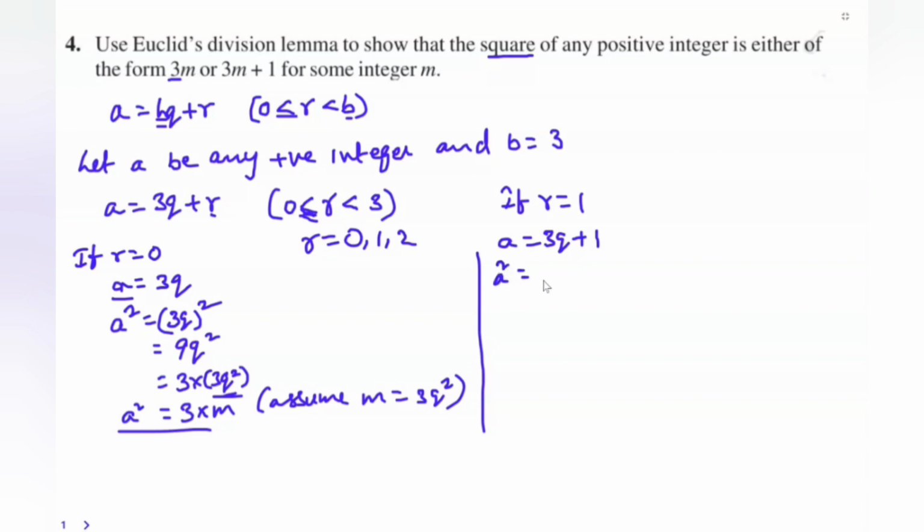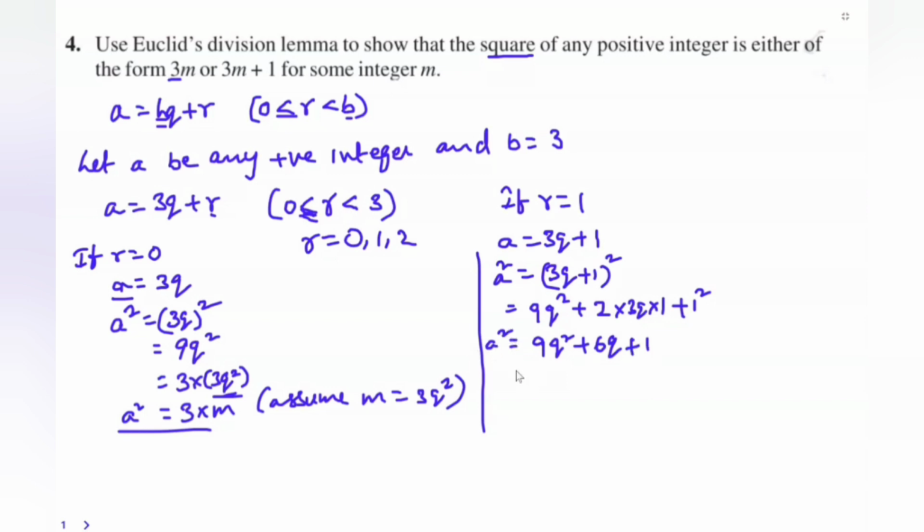So a square will be 3q plus 1 whole square, which you can write in the form of a plus b whole square, which is 3q whole square, which is 9q square, plus 2ab, 2 into 3q into 1, plus 1 square. So 9q square plus 6q plus 1 is the a square.